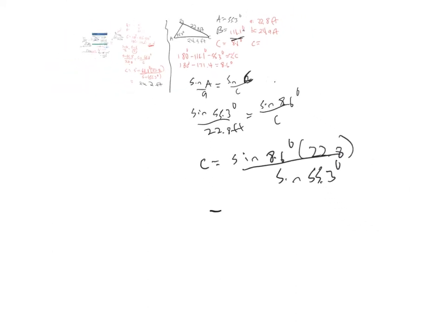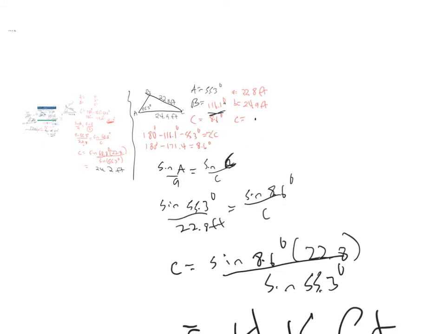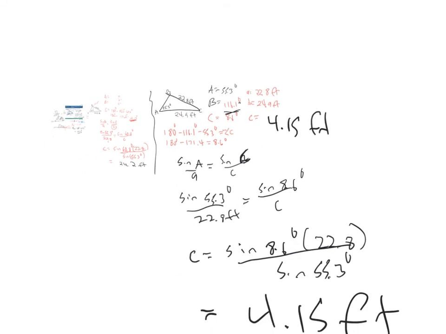Use your calculator and let's see what that side gives me now. I'll be right back. 4.15 feet. Hope you agreed with that answer. And since I've labeled that up there, 4.15, that's triangle solved. The other one was solved.